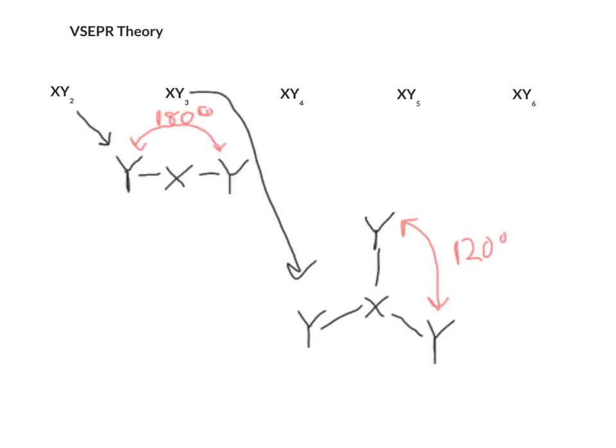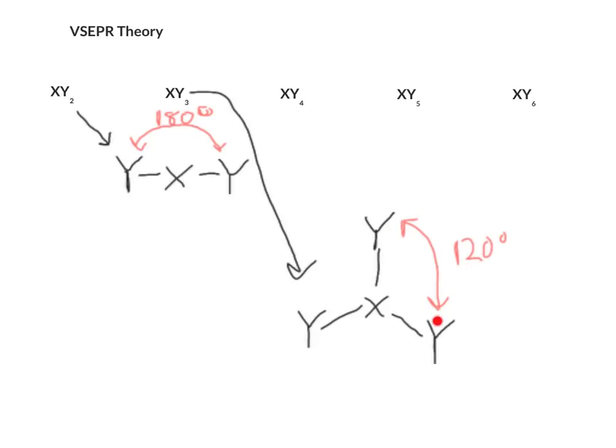If you remember from your geometry, think of this as a circle. There are 360 degrees in a circle. The furthest that any 3 points on a circle can be from one another is 360 divided by 3, which is 120.